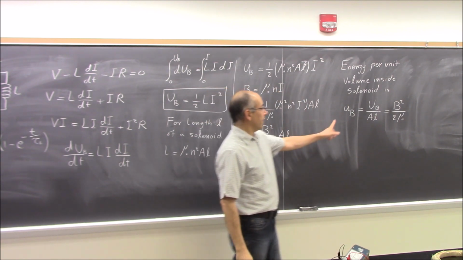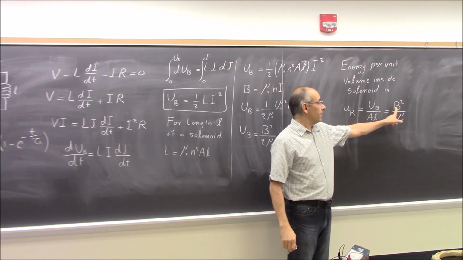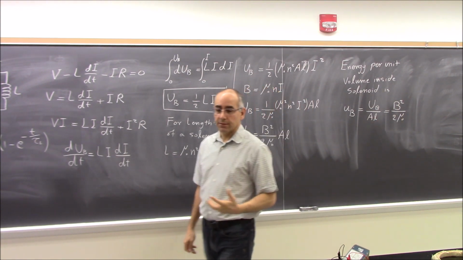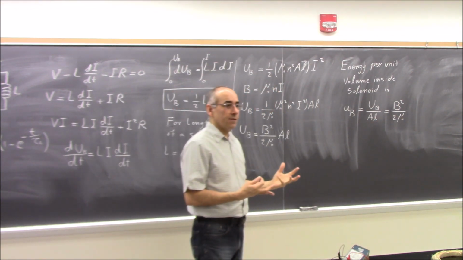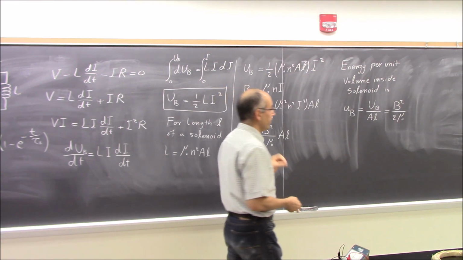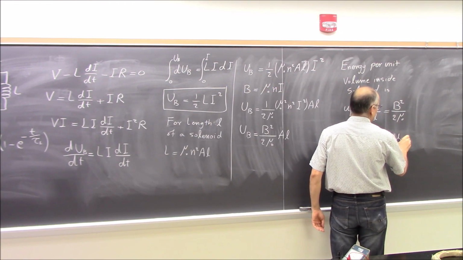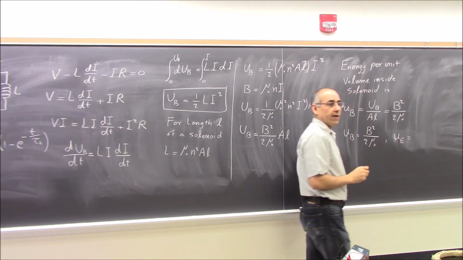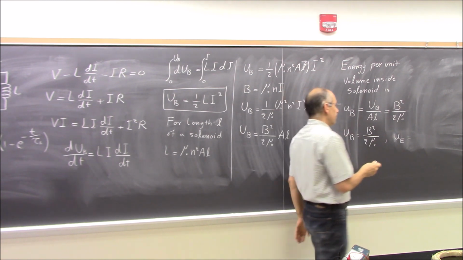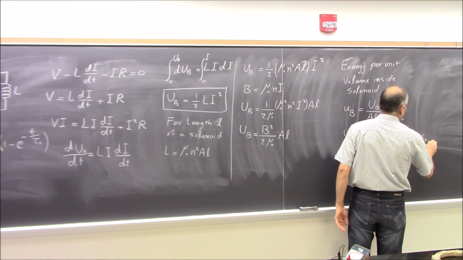So that indicates that the energy density actually belongs to the magnetic field. If you have magnetic field inside a volume of space, it has energy in this space. The same as, remember, the electric energy we derived for the capacitor. We said that energy density in the capacitor is 1/2 epsilon naught E squared.